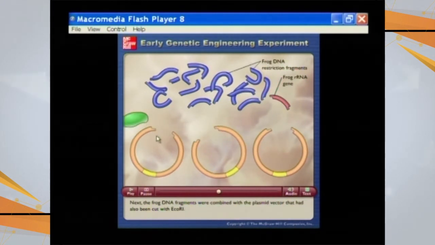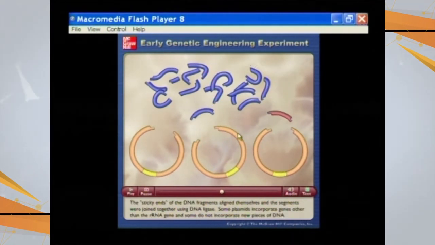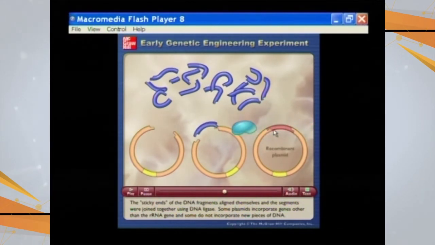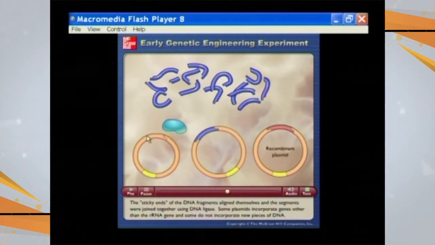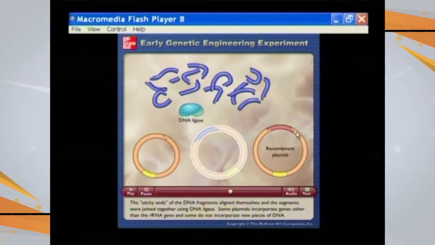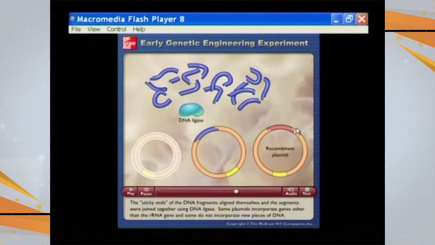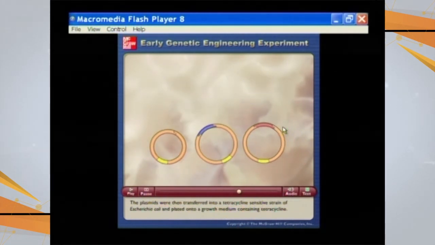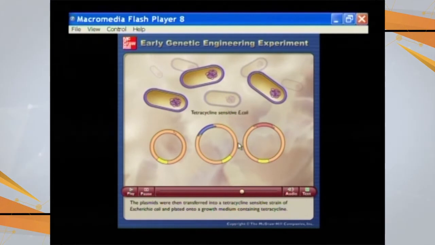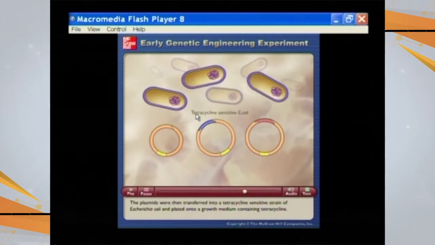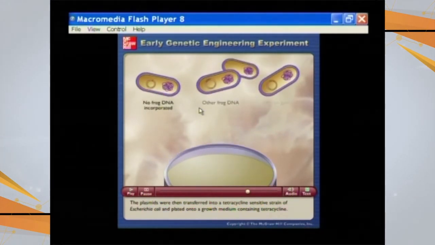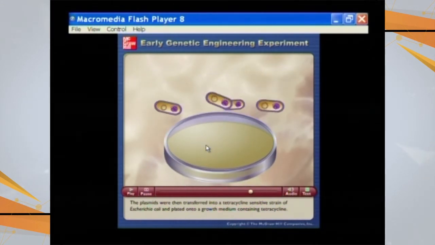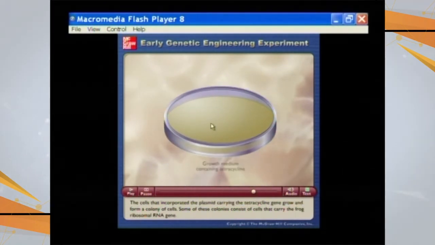The same enzyme is used to cut these plasmids, and DNA ligase ligates these ends, and these are the recombinant DNAs. Now only this recombinant DNA has the specific gene. All of these are then transferred to a culture media plate. The growth medium contains the antibiotic tetracycline.